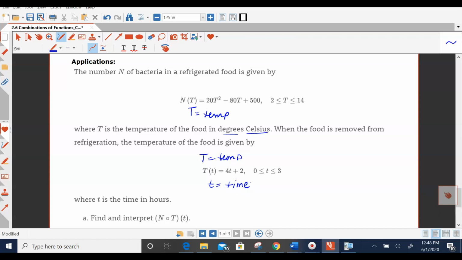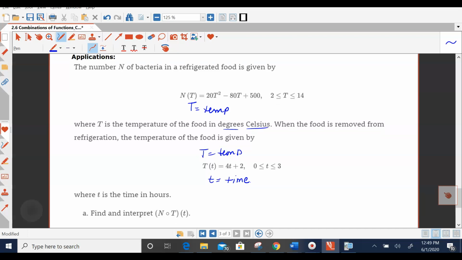So you take that food out of the refrigeration, and the temperature of that food is going to change over time. So we've got two equations: the number of bacteria for the temperature of the food, and then when the food is removed, the temperature of the food over time.